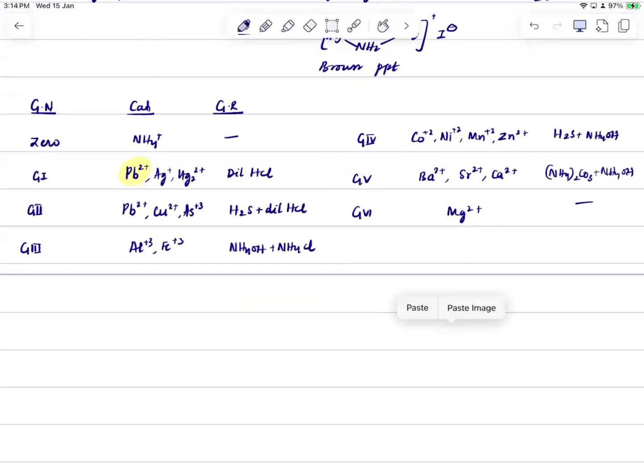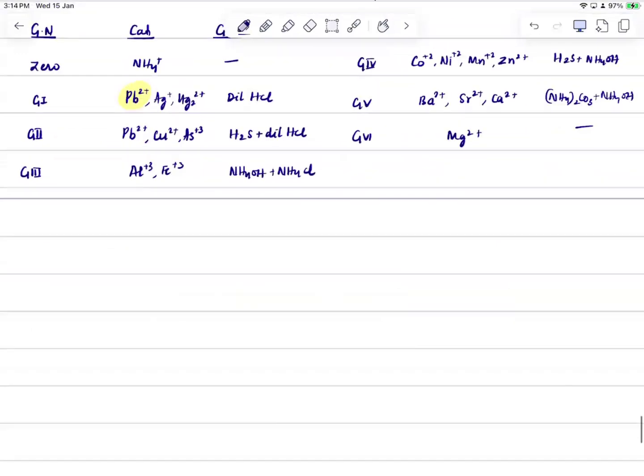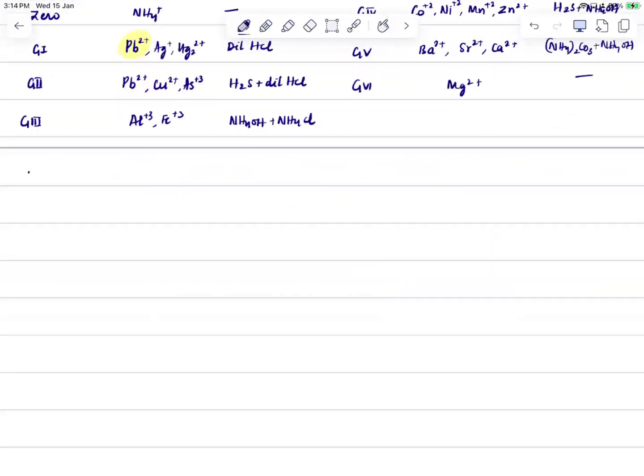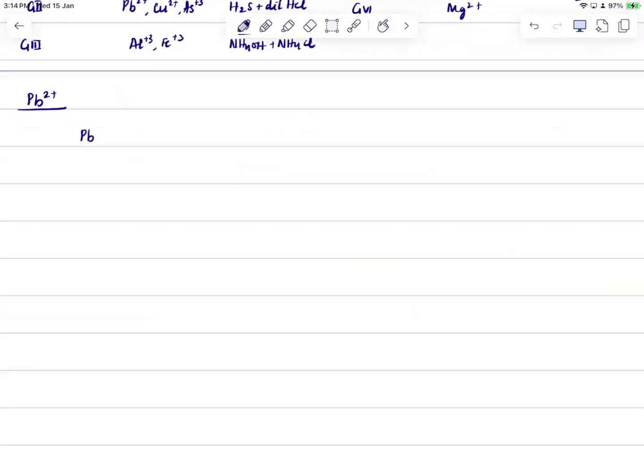All right. For last year, they mainly asked lead compounds, so see what the lead reactions are. Pb2+ reactions: first, PbCl2 in a hot solution, which is soluble, plus 2 moles of KI.